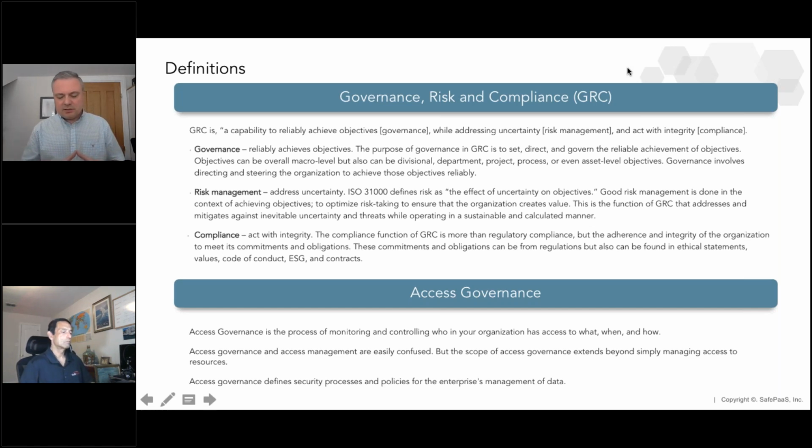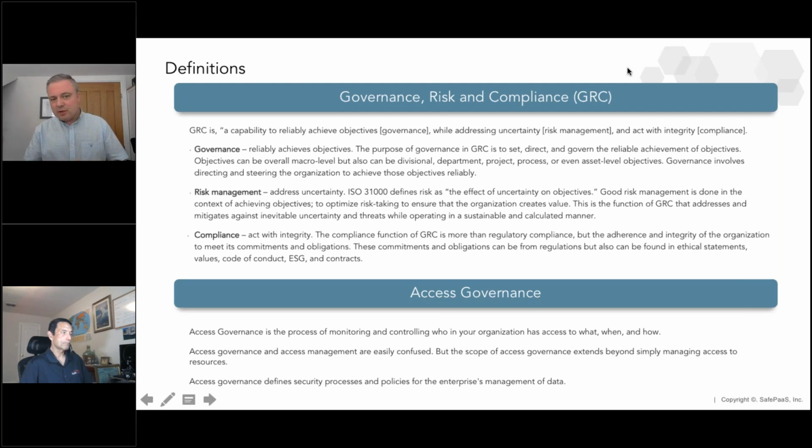GRC covers everything in an organization, all the way from the top group level through the entities, the processes, the assets, and it covers all kinds of objectives such as strategic, departmental, and process level objectives as well. So it is much bigger than people often think when they hear GRC.